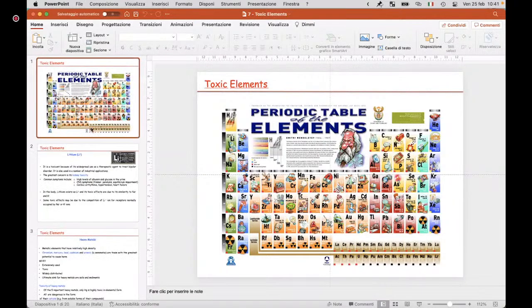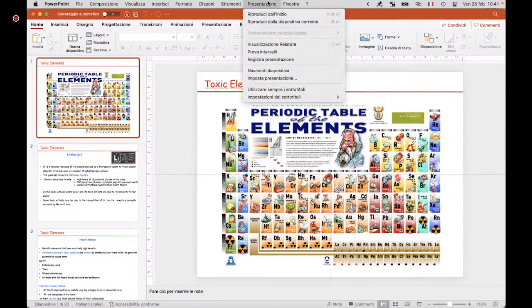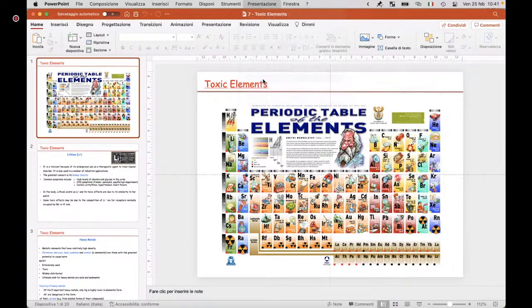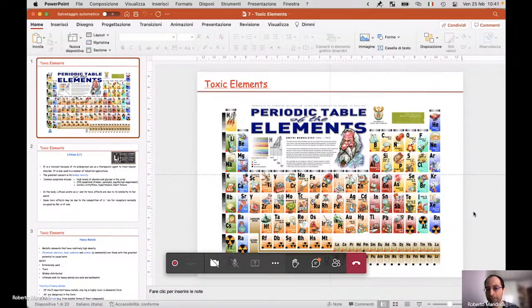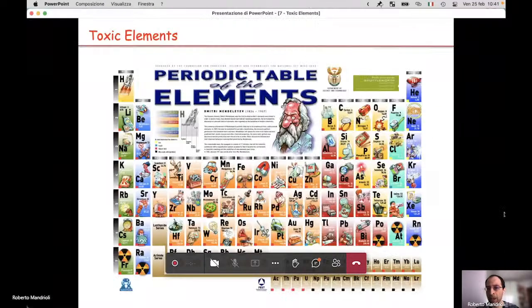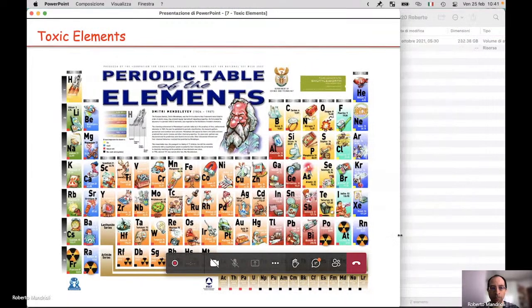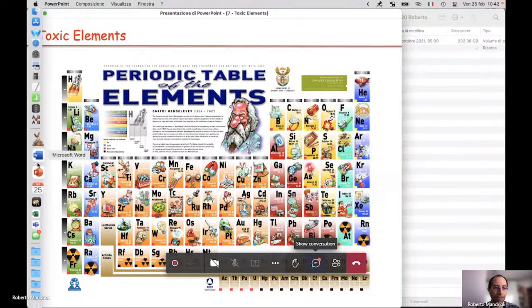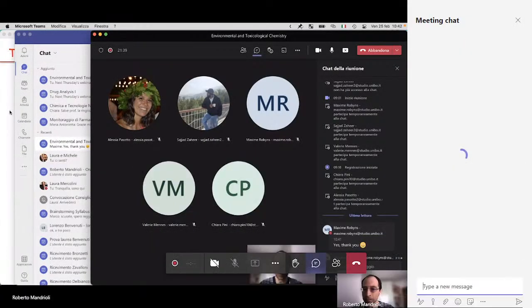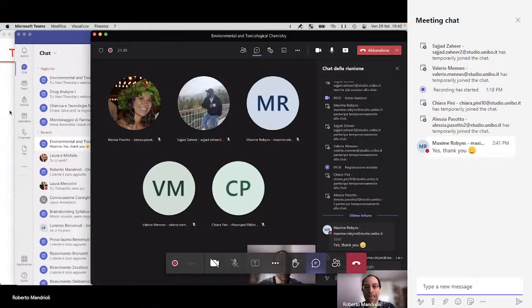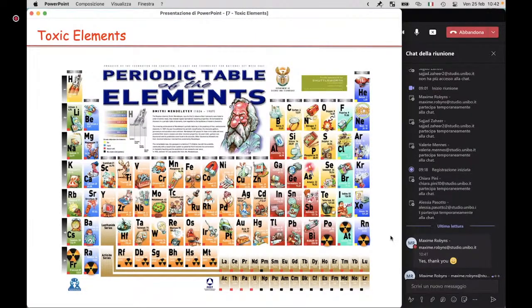If everything is clear, we can go on with the first part of a specific toxicology part, where we will take a look at different classes of compounds, starting, of course, from the simplest compounds, which are the elements.